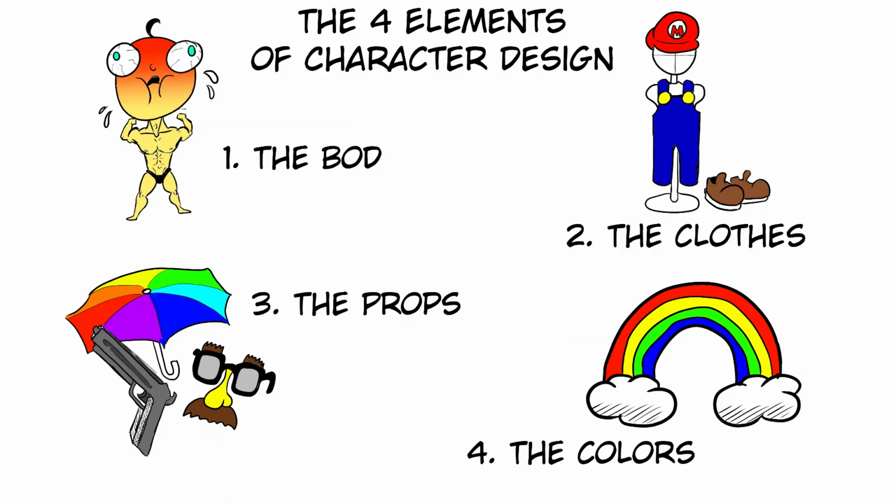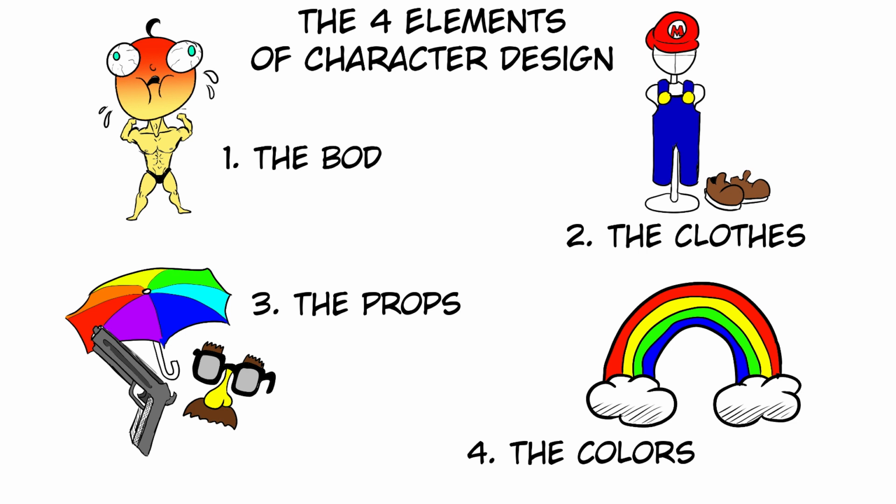To better organize these rules I'm going to mention, I'd like to break down character design into 4 basic elements. Thinking of character design in this way will help you organize your thoughts better as well. So the 4 elements of character design are: 1, the body. That includes eyes, hair, mouth, facial expressions, and body type, right? 2 is the clothing. 3, the props.